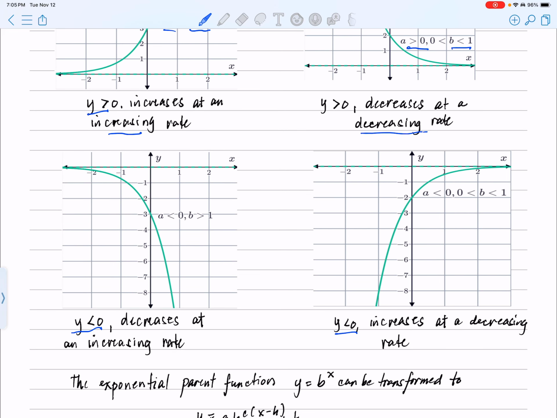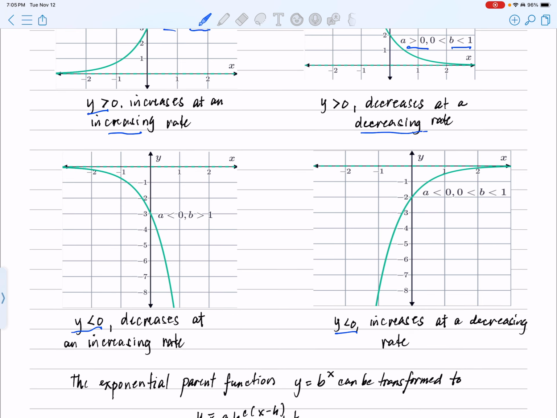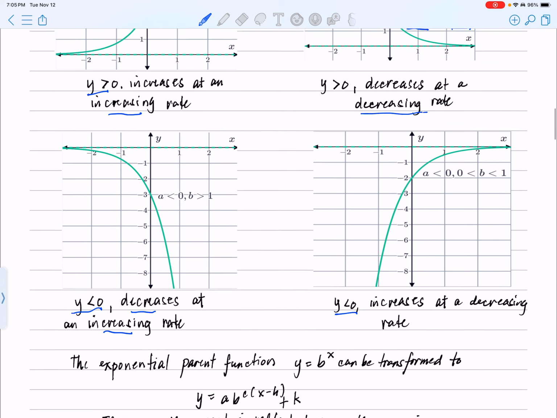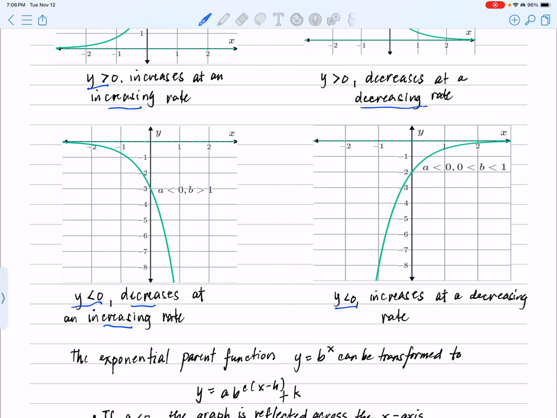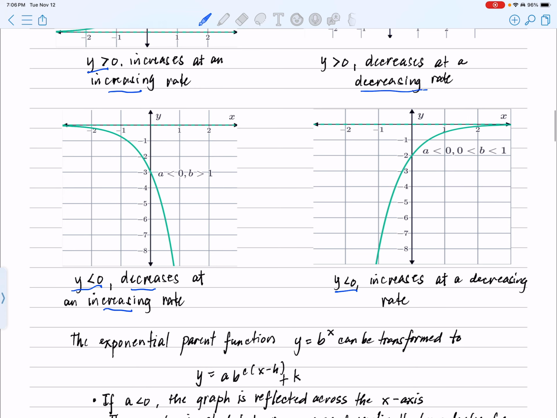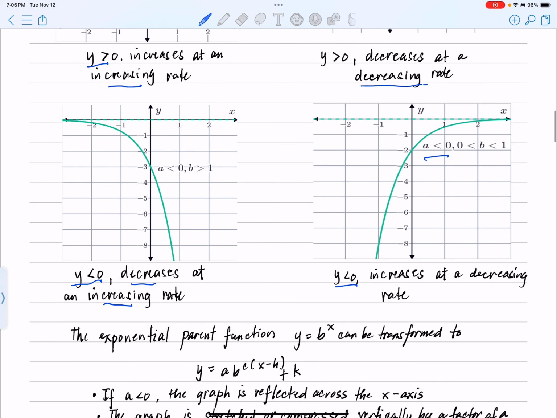It decreases at an increasing rate. And here, when y is less than 0, it increases at a decreasing rate. That is a less than 0, with b greater than 1 here, and b less than 1.